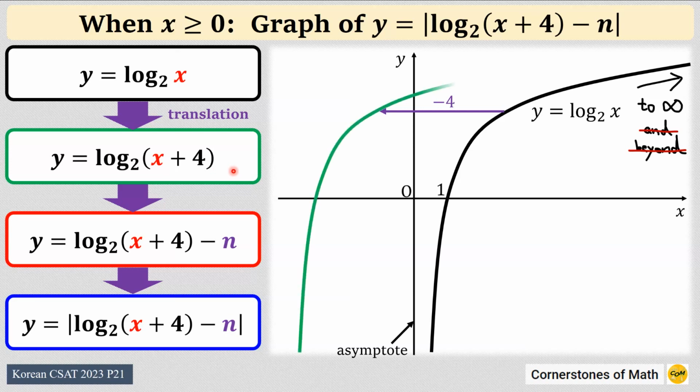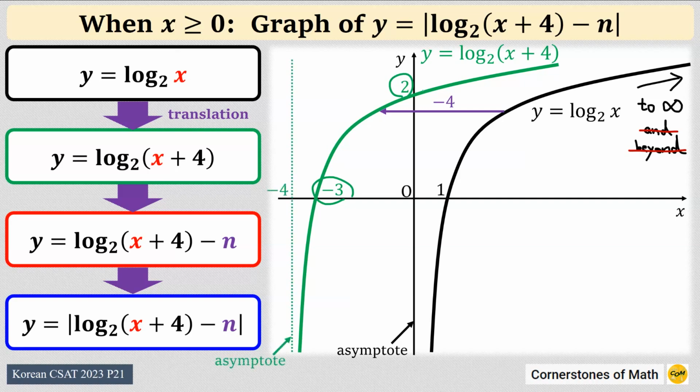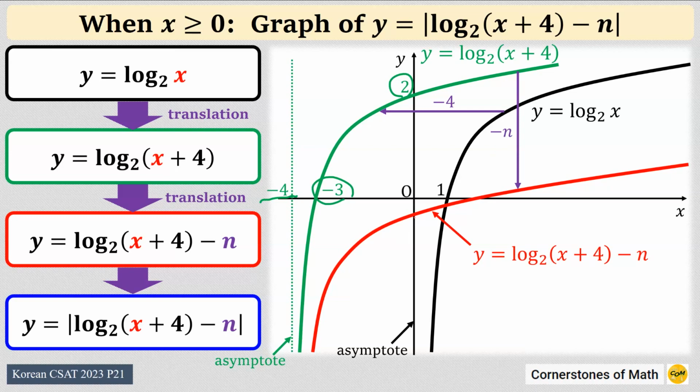So we have a graph like this. You can easily find this x-intercept and y-intercept by simply letting y equals 0 and x equals 0 respectively. Also worth mentioning is that now the asymptote has moved to x equals minus 4. The next step is translating minus n units along the y direction, then we obtain this graph. Now let's be quick.